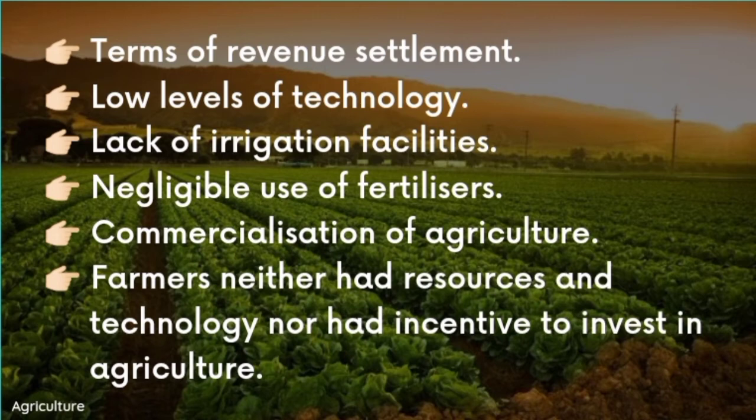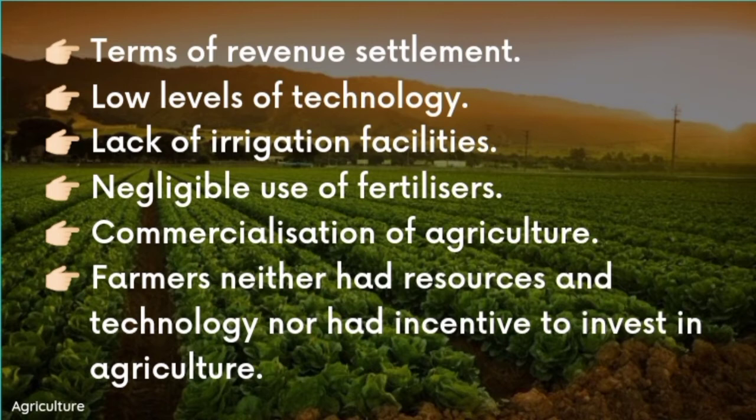Then the next main point is commercialization of agriculture. That means we did agriculture for gaining money, because the colonial government forced us to produce cash crops. Cash crops are the crops produced for commercial purposes. The farmers of India were forced to cultivate cash crops such as indigo instead of food crops such as wheat and rice.